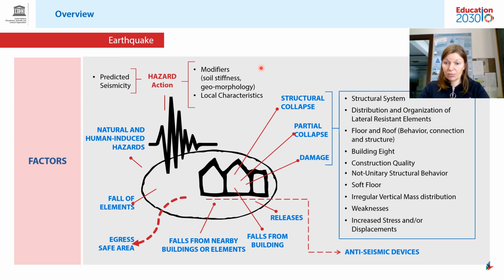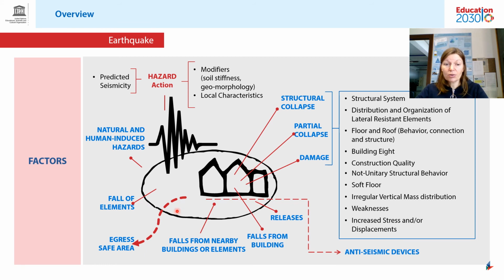The characterization of these modifiers permits us to understand if the seismic action will increase or not from the reference one. And then there are the local characteristics that could also modify the hazard action. So there are the natural and the human-induced hazards. There are potential falls of elements in the schoolyard.